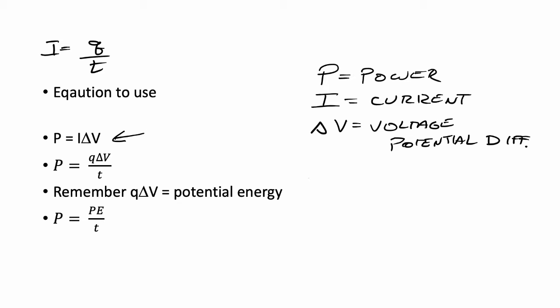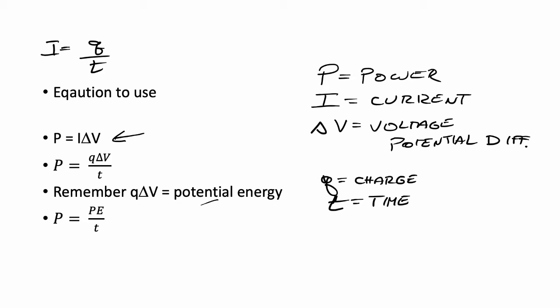So in this case, power is equal to Q, which is the charge. And we're going to use total charge. I know that the text goes from small q to big Q, and T is time.